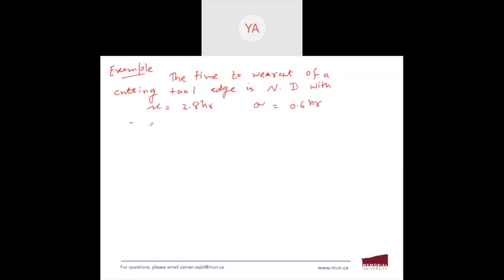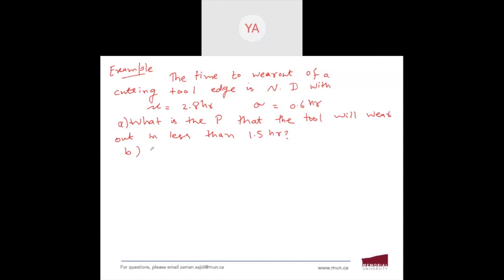He's asking what is the probability that the tool will wear out in less than 1.5 hours.